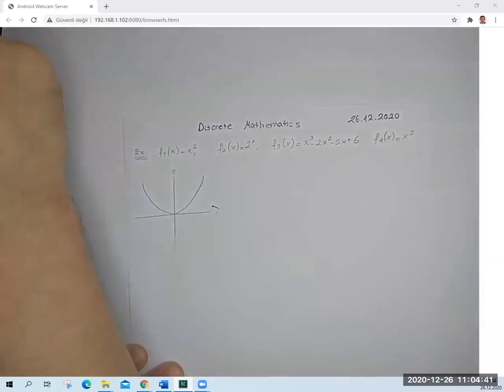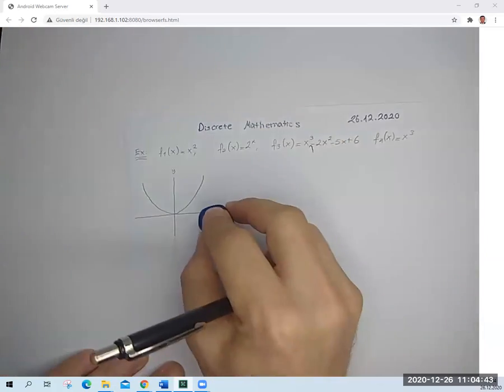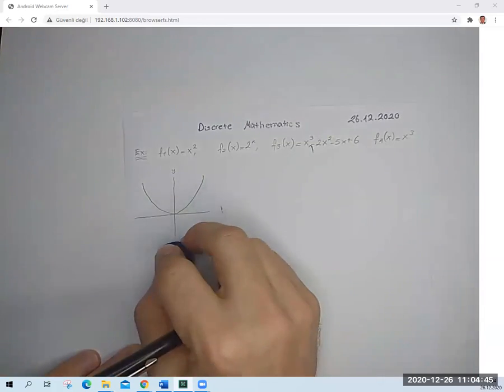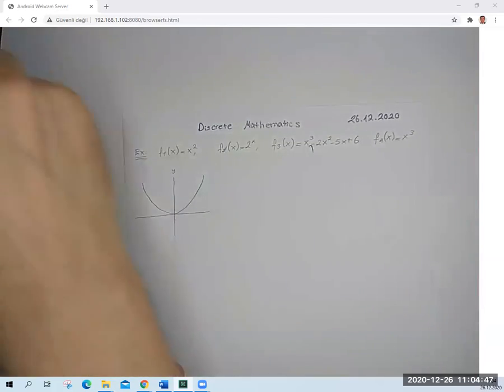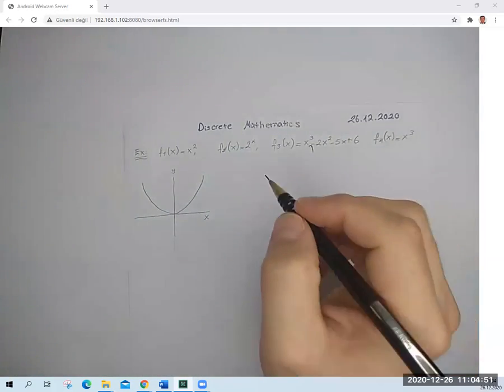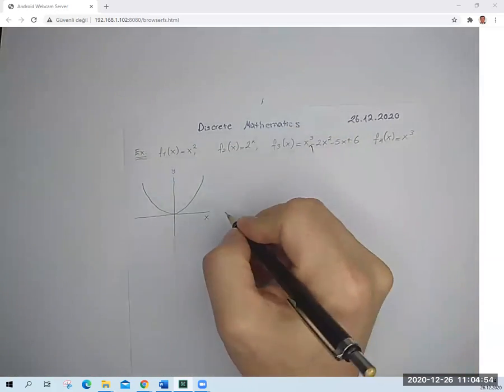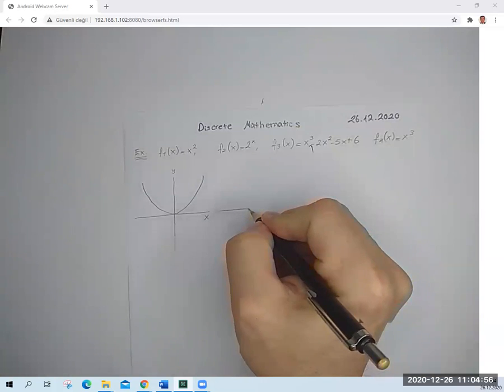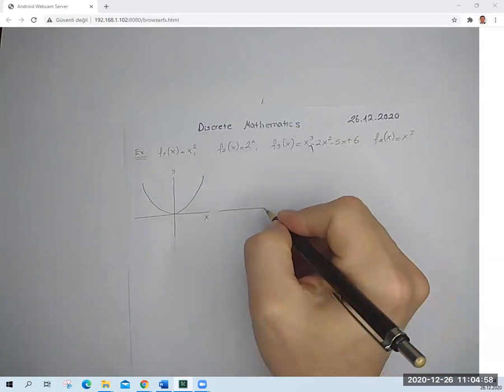Okay, I'm trying to make some place, and then I will draw f2 of x.